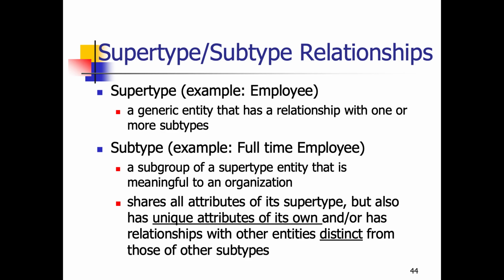Yeah, so some attributes are the same. All employees, regardless of whether they are contract or full-time or whatever type they are, have some employee ID, a name and this type of information. But then some may also have attributes of their own.